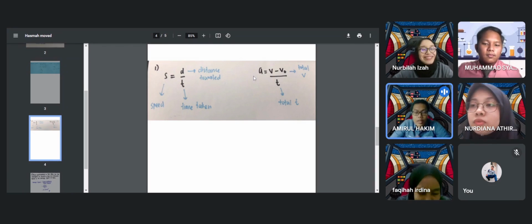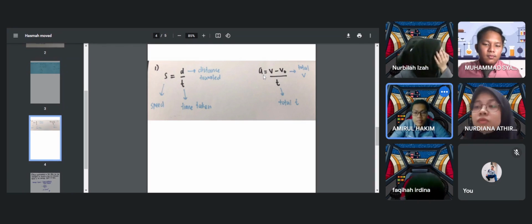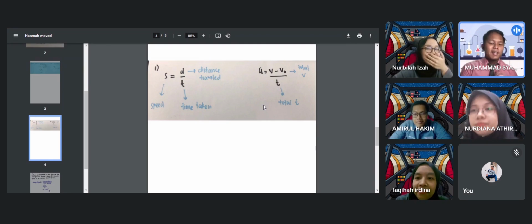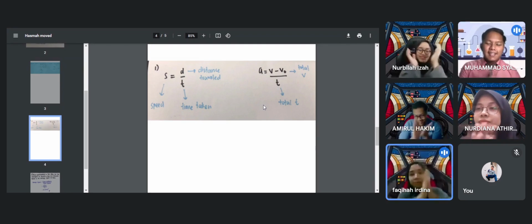The second one is the formula of acceleration. The formula is the change in velocity, which we get from the final velocity minus the initial velocity, and then we divide it by the total time taken. That's all, sir. Okay, good explanation, Amirul. Nice. Thank you.